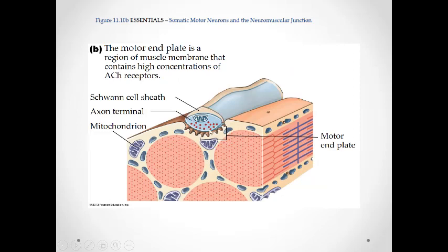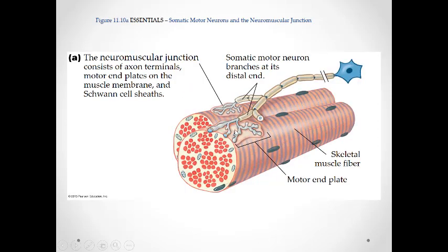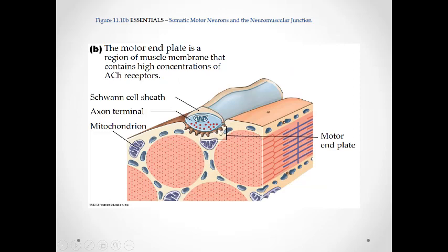The motor end plate is this part here, and it is the area of the muscle where all the neurons are connected. The motor end plate is a region of the muscle membrane that contains high concentrations of acetylcholine receptors.